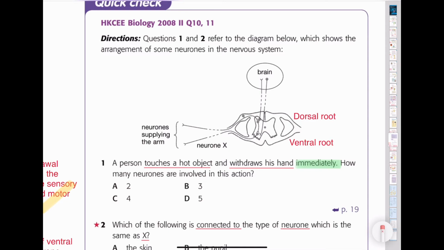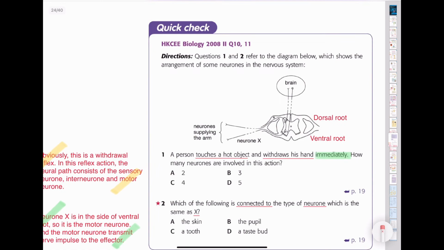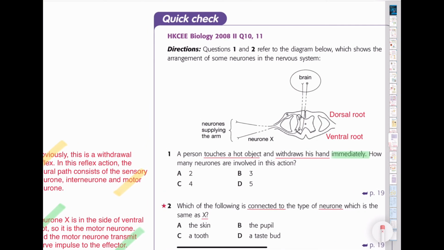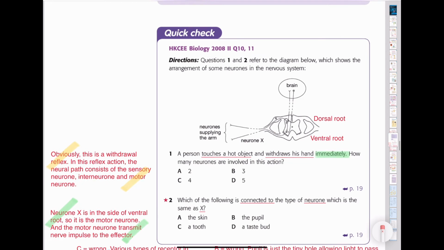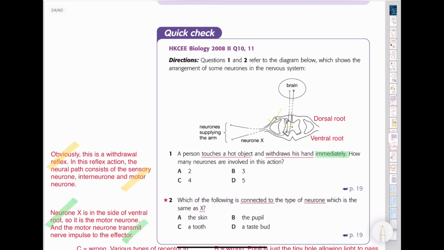How many neurons are involved in this action? Obviously it's a withdrawal reflex, and in this reflex action, okay, the neural path consists of 3 types of neurons. They are the sensory neuron, the interneuron, and the motor neuron. So that's why there are 3 neurons involved in this reflex action.